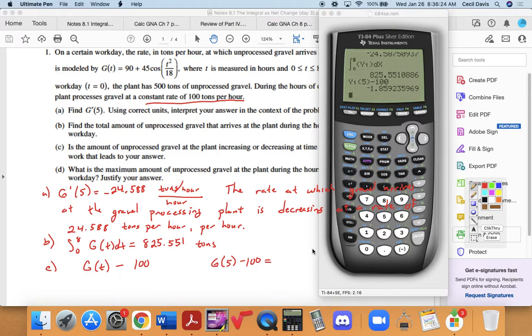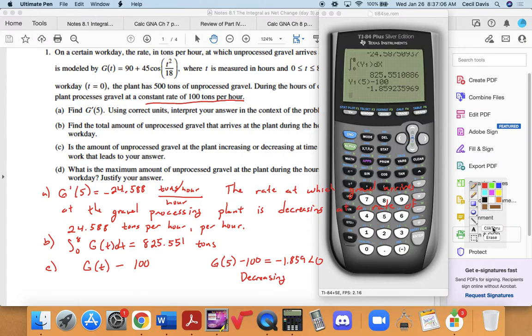You have to put it in parentheses or it doesn't work, because otherwise it thinks you're multiplying. Negative 1.859, which is less than 0, therefore decreasing. So at that point in time, they're processing faster than the stuff is coming in. Do you not have to account for what they did previously? No, it's at that time. Oh.